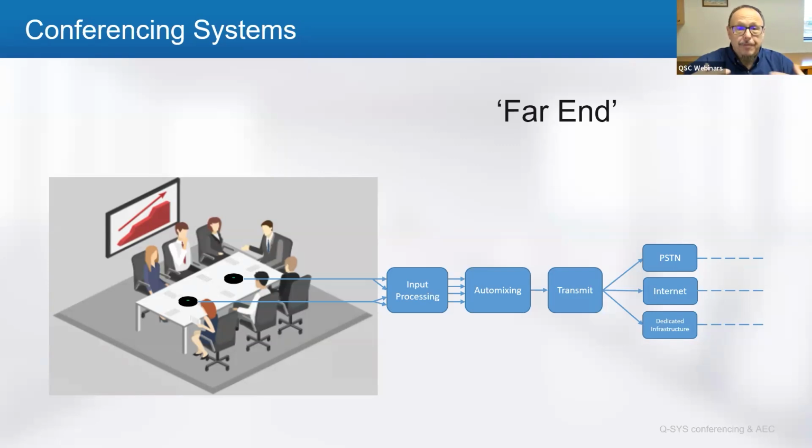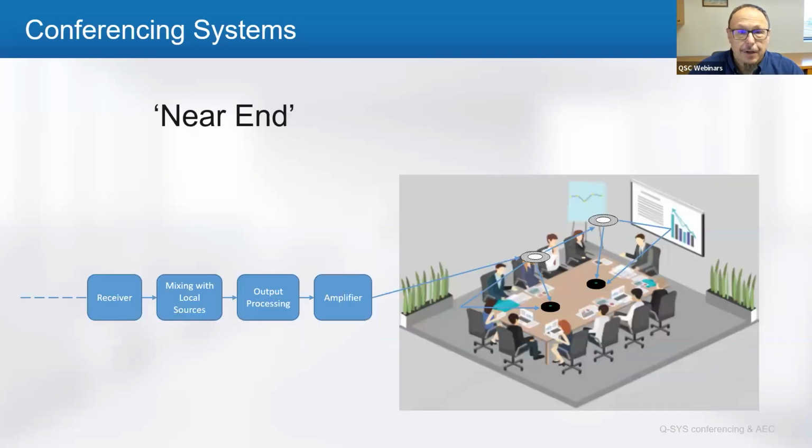If I'm in this room having a conference call, I am the near end and you folks on the other end of this are the far end. The far end will participate in a conference with me. My near end and far end is different than someone else's that's on the call in another room. I'm transmitting my audio to the other end, so all of you are on the far end with my near end call.